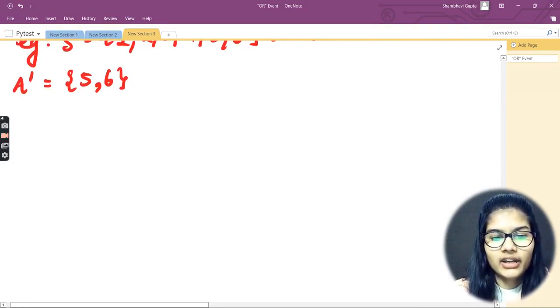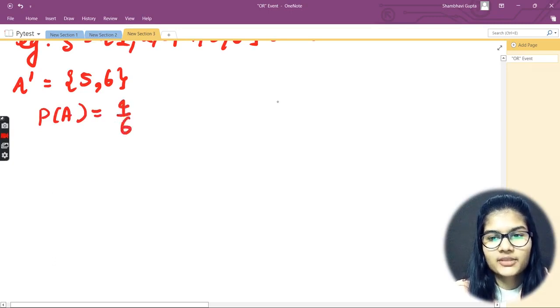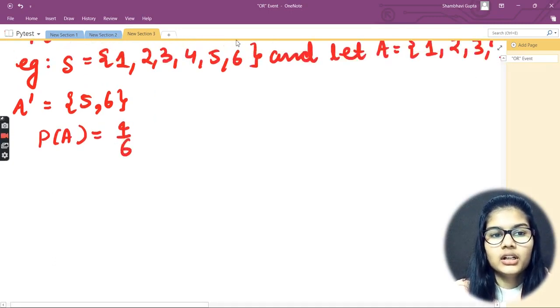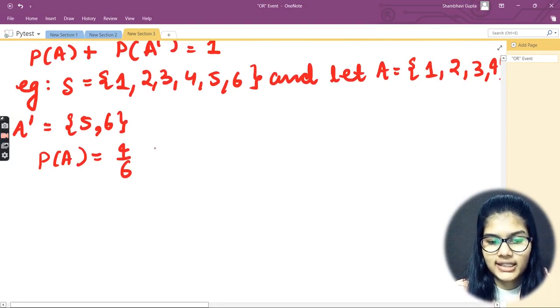Now if I have to find the probability of A, it will be 4 by 6, because in the total sample space you have 6 numbers, and for A you have 4, so it's 4 by 6.